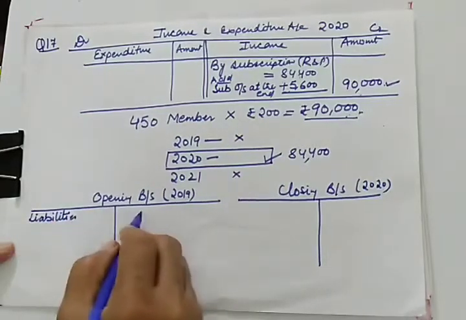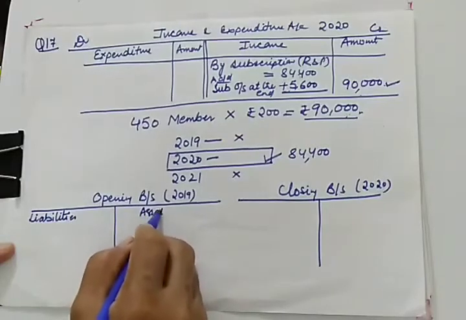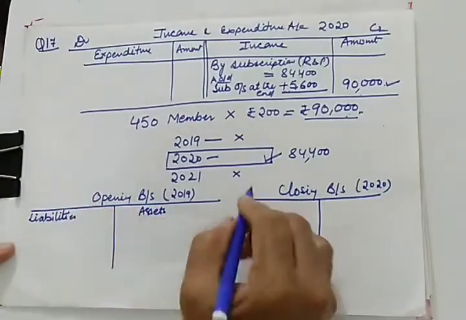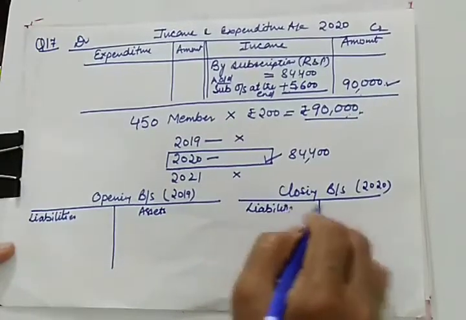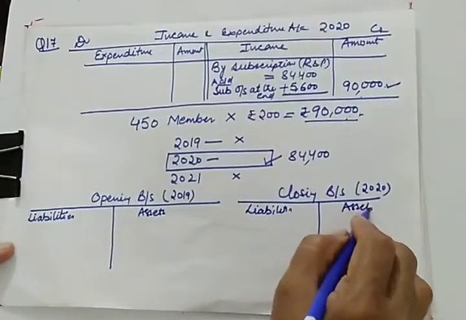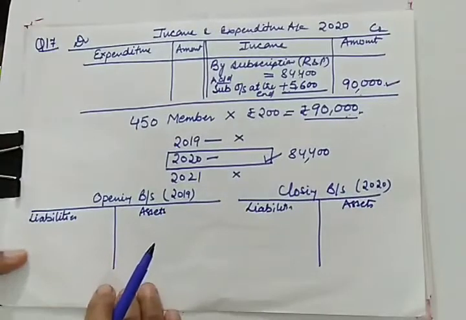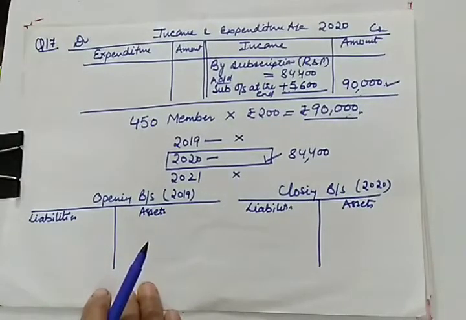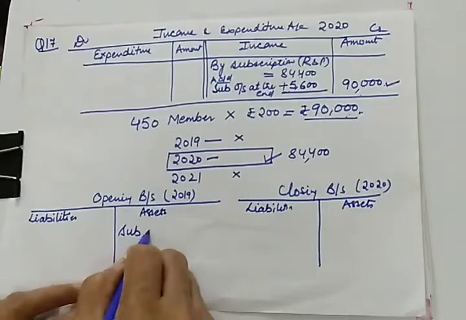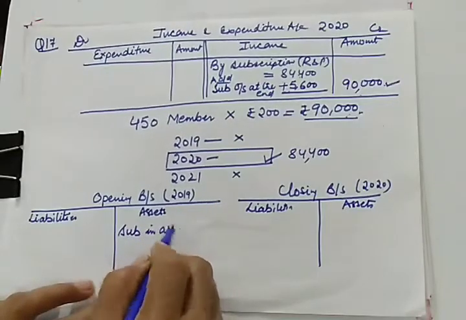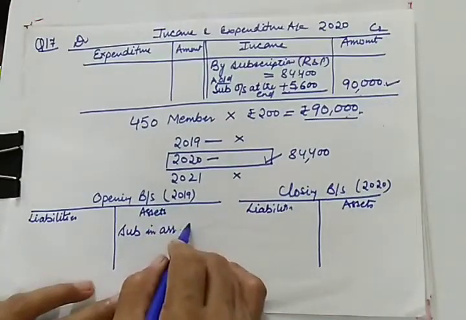Here I will be showing liabilities. I am giving a brief idea. Otherwise, when you are doing it in the fair, you need to make a proper format of the balance sheet, liabilities, assets. It is given here that 1800 were in arrears for the year 31st March 2019. So subscription in arrears in 2019 were 1800.